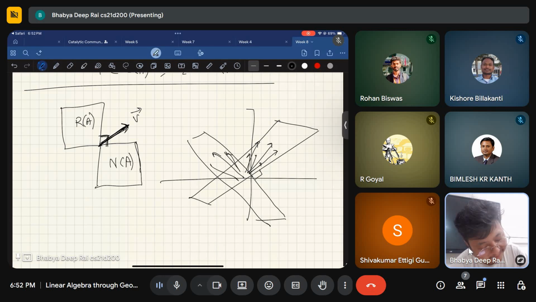Any vector I take from plane A will be perpendicular to a vector on plane B. If these are in R cube, then any vector in R cube can be written as some vector in B times some scalar plus some vector in A times some scalar. So that is the interesting property that we have.